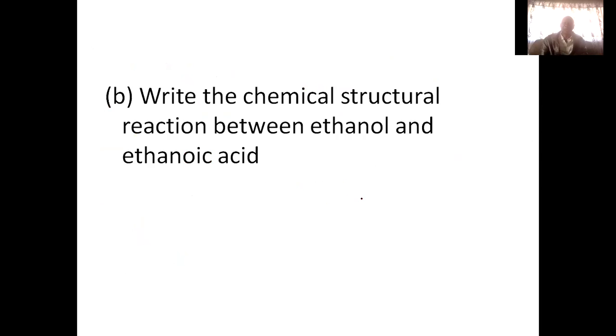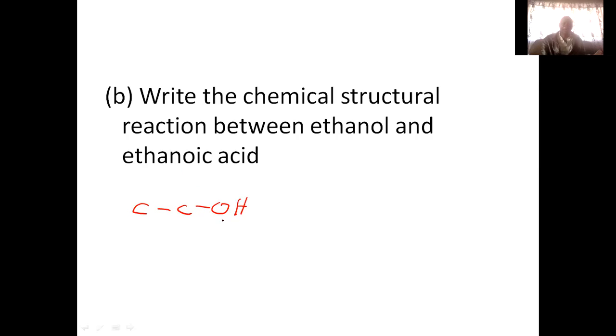Right, the chemical reaction between ethanol and ethanoic acid. In other words, what they want us to do here is to write a chemical reaction between ethanol and ethanoic acid, but using structural diagrams. And as we saw, the structural formula for ethanol is as follows.